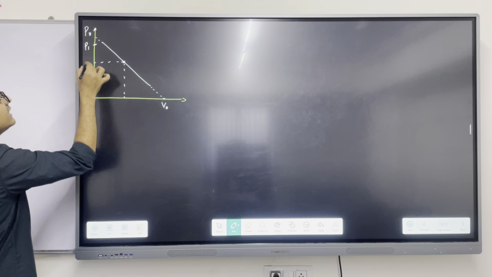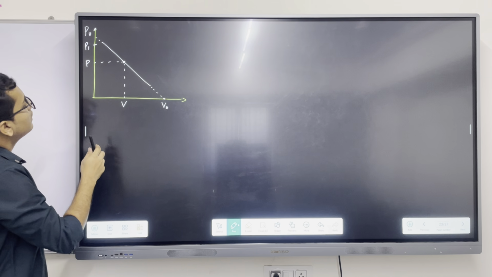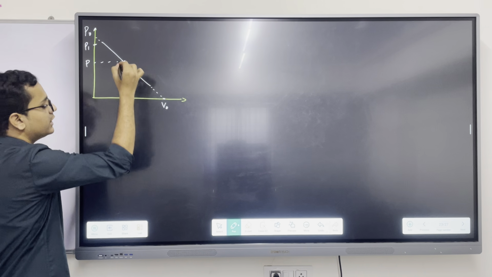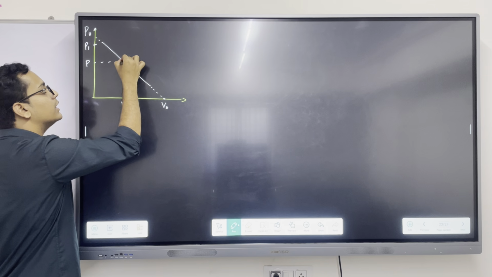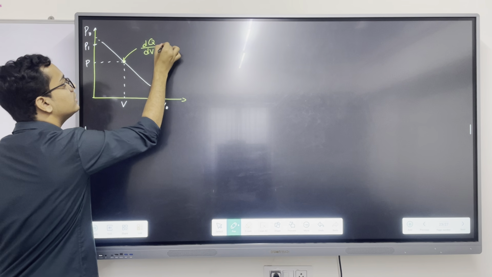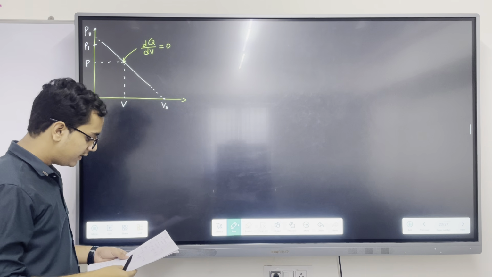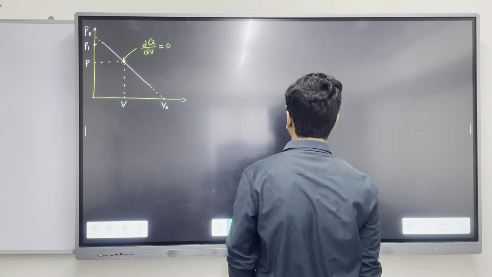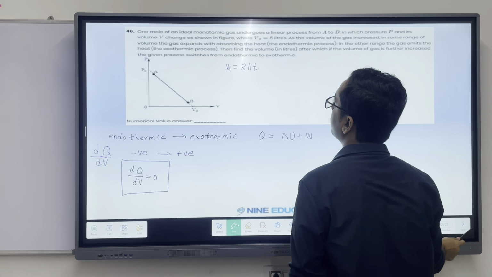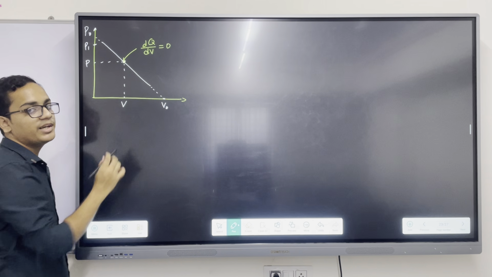Let's say this point is P and this point is V. So at this particular position, dq by dv is equal to 0. Right? At this particular position, dq by dv is 0. So you have to find this value of V for which dq by dv is 0.